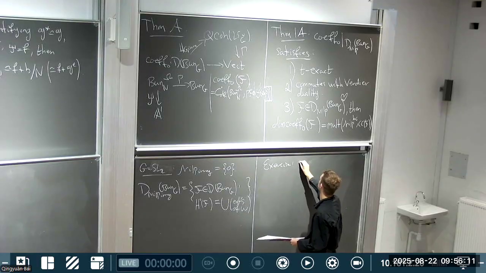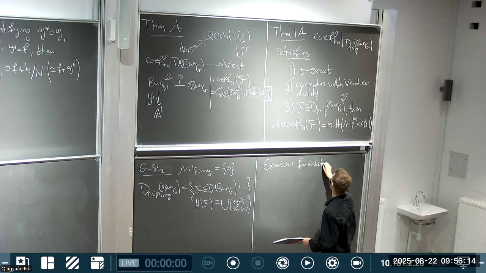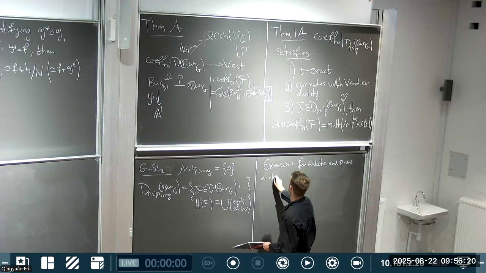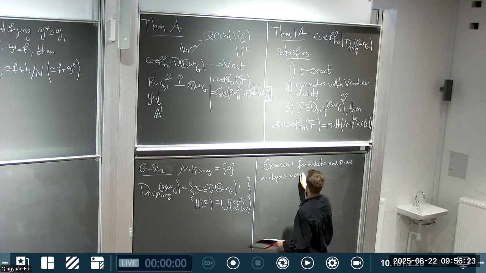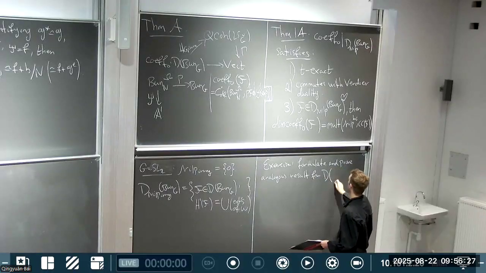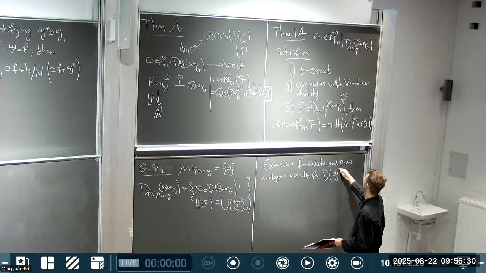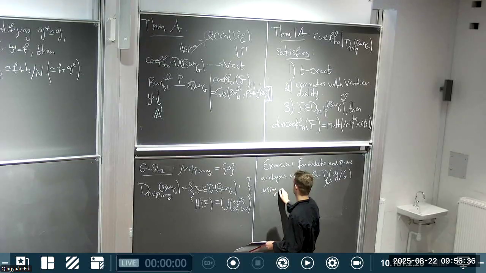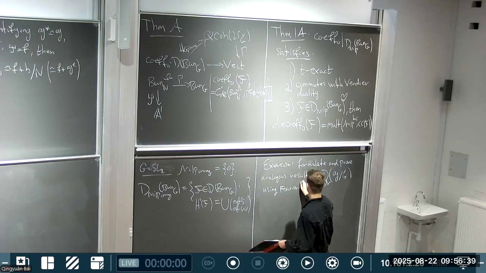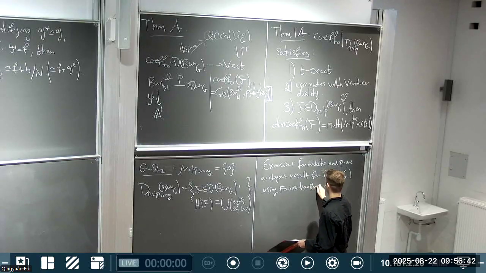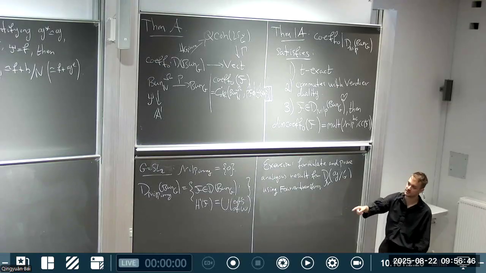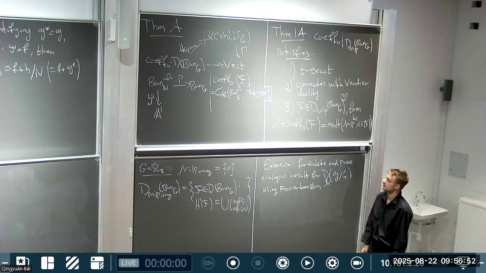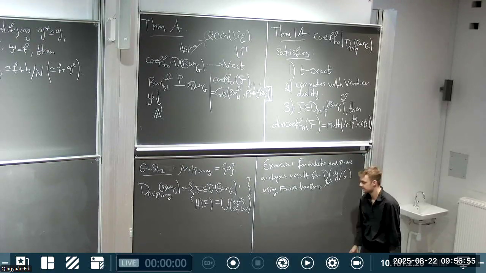Formulate and prove an analogous result for the category of D modules on G mod G with nilpotent singular support using the Fourier transform on G. Doing this, you'll see why this key property, the transversality condition, comes up, but generalizing this is very.